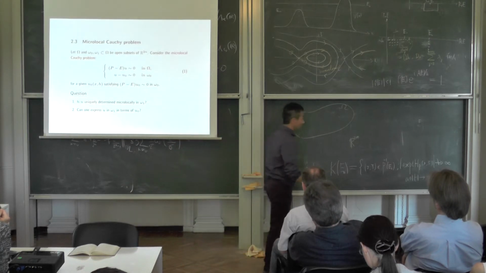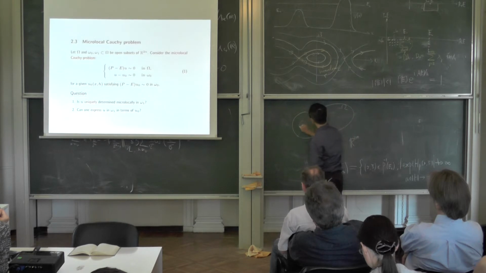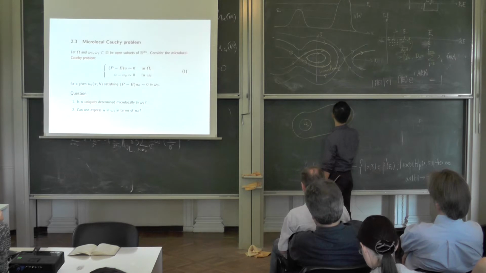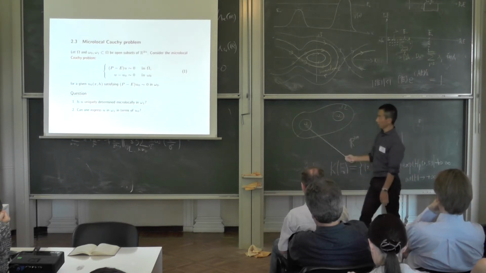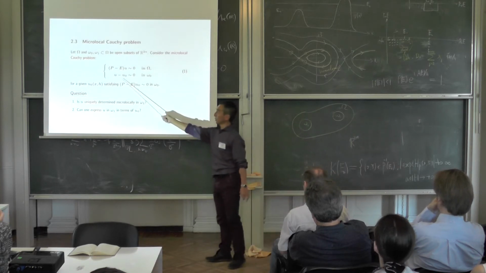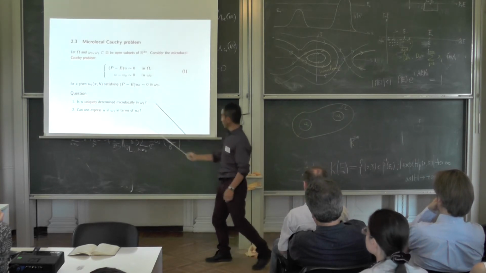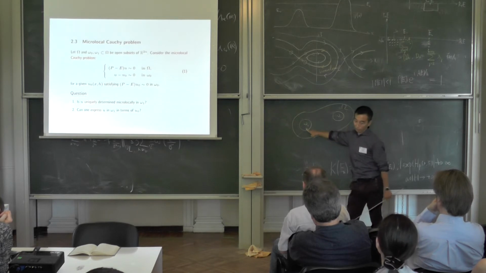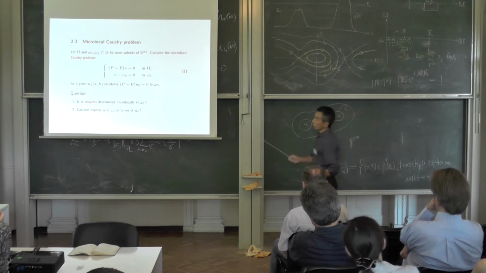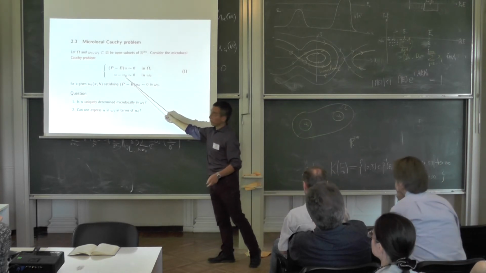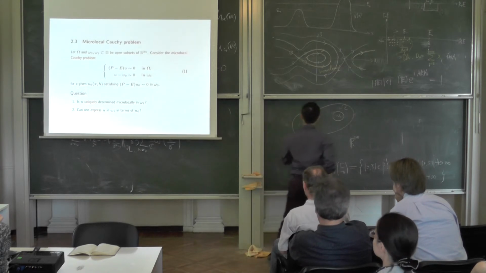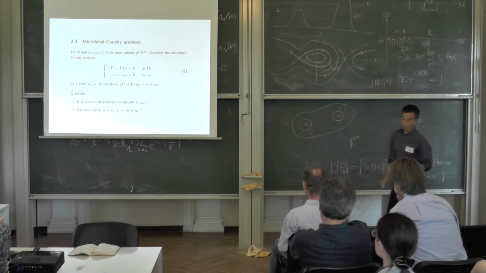And given two open sets, omega 0 and omega 1, suppose we are given a Cauchy data, U0, microlocally at omega 0, which means that the difference between your solution U and the Cauchy data U0 is microlocal 0 in this small domain.